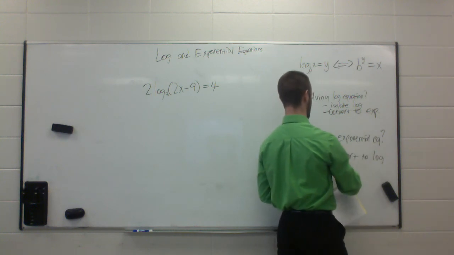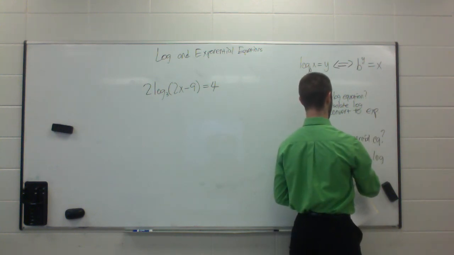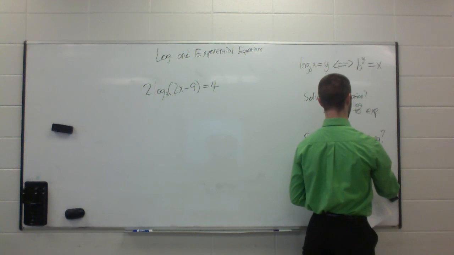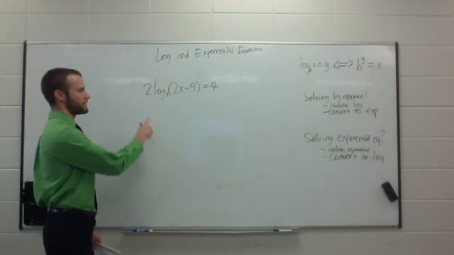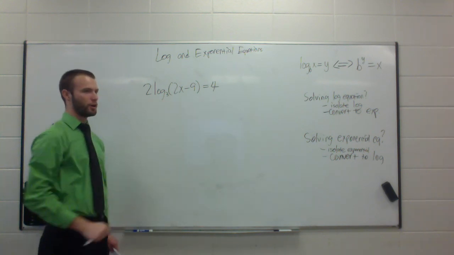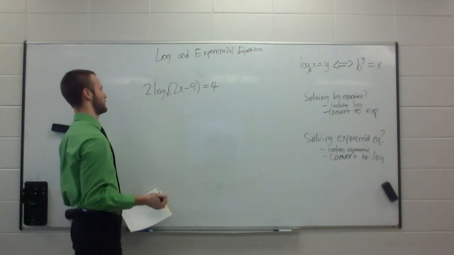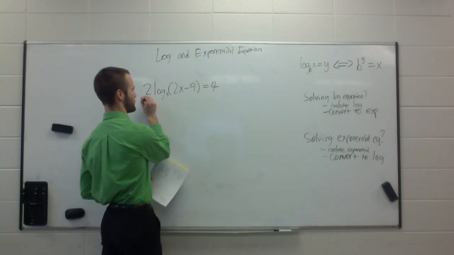It's going to be the same here. You'll isolate the exponential. So isolate the log means I want to have nothing on this side but log of whatever. So I'm going to divide by 2 first.